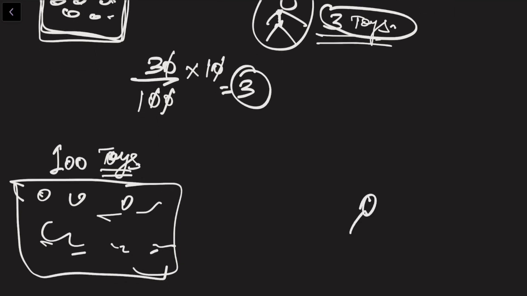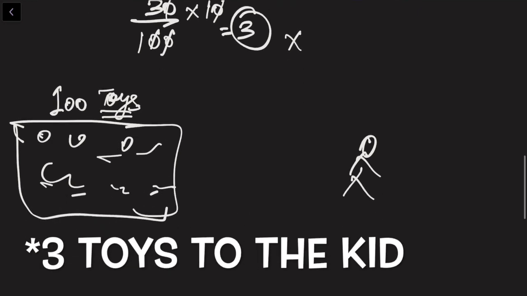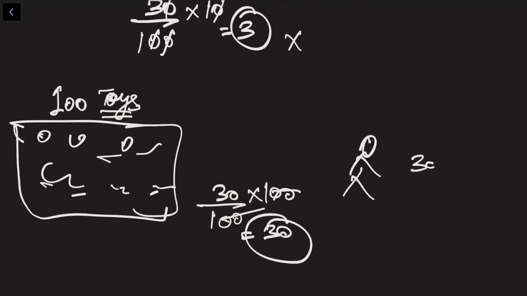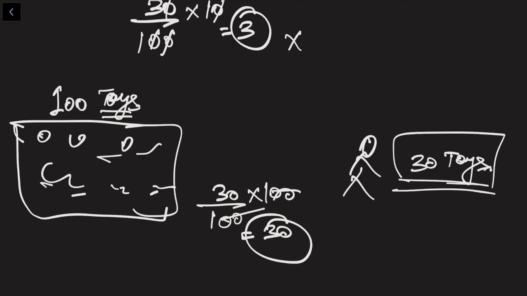So the kid comes again. Now, how many toys is he going to give to the kid? 3? Is he going to give 3 toys to the kid? No. He is not going to give 3 toys, because 30% of 100 is 30. So the kid is going to get 30 toys, not 3 toys.